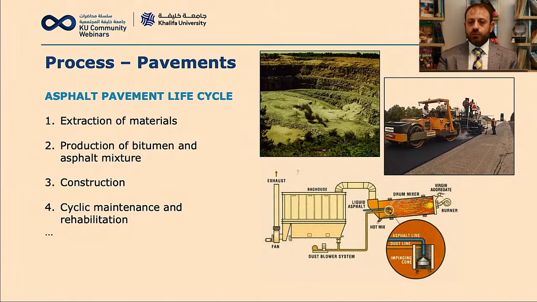We have to produce the asphalt mixture, which is a mix between bitumen and aggregates, rocks. Then we have to construct our infrastructure. Then over time, during the service life of the pavement, we have to do cyclic maintenance and rehabilitation, and eventually destroy the old pavement structure when it's not good anymore, and then rebuild a new infrastructure.